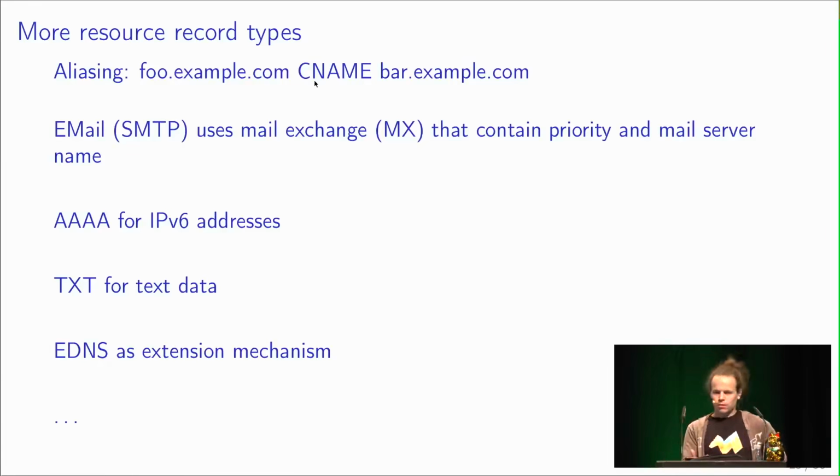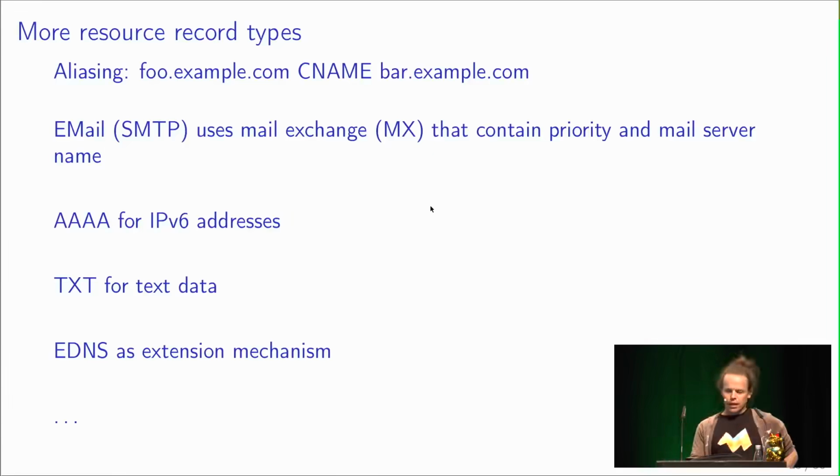That one will just reply to every query for foo.example.com, independent of the resource record type which is requested, with, oh, look at bar.example.com. Another resource record type is MX records, or mail exchanges, which contain a priority and the name of the mail server which is responsible for this domain.